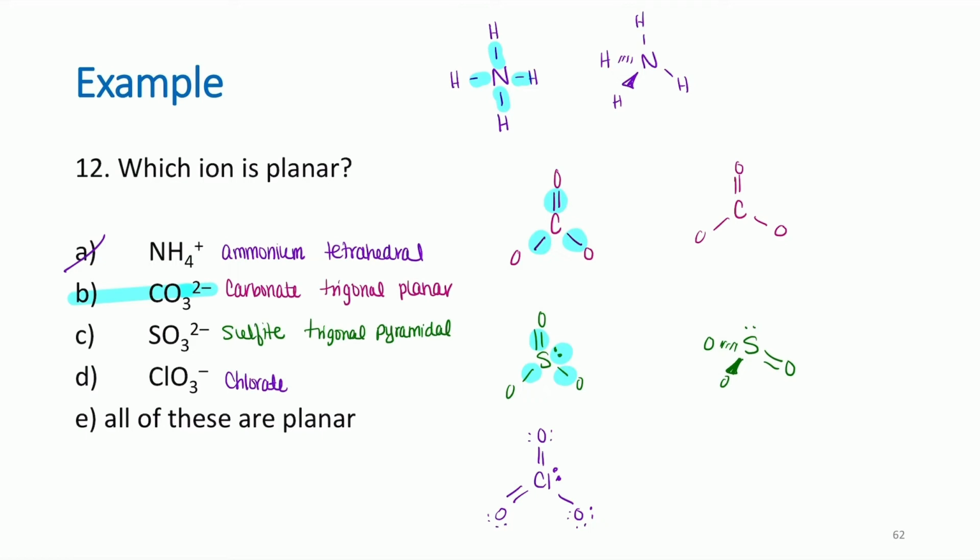You're going to have lone pairs on the central atom. So just like what we saw for sulfite, this is going to follow a trigonal pyramidal structure. So B, carbonate, is the one that is planar.